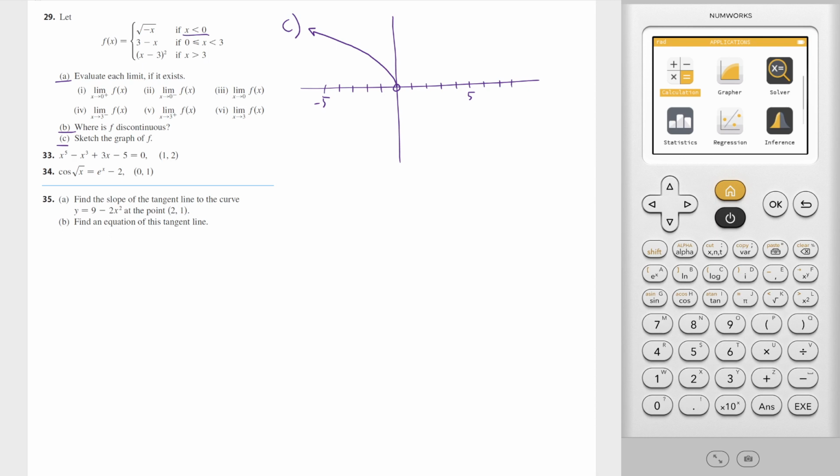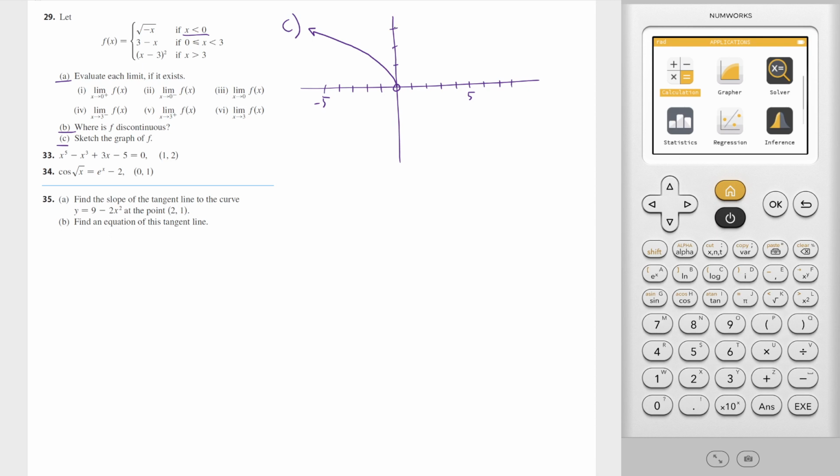Oh, and since it's x less than 0, I don't have to worry about the positive not being defined. Okay, the next one is 3 minus x for x from 0 up to 3. And so let's go ahead. 1, 2, 3. Okay, so this is probably not to scale in terms of this first function, but I'll make it to scale in terms of the second function.